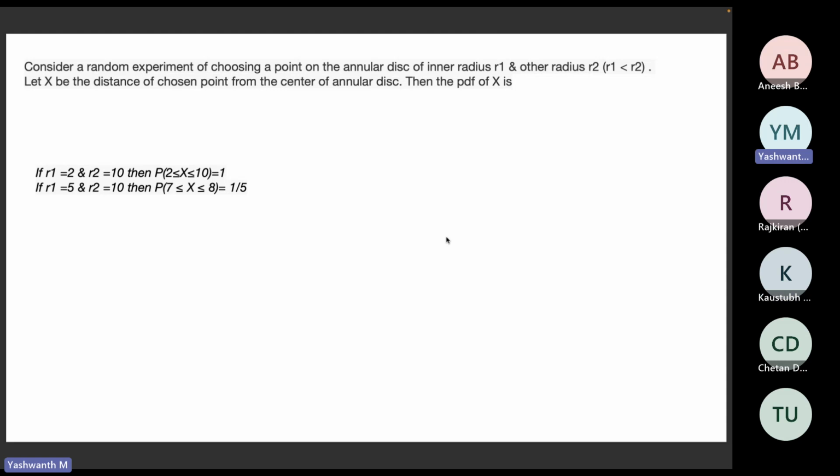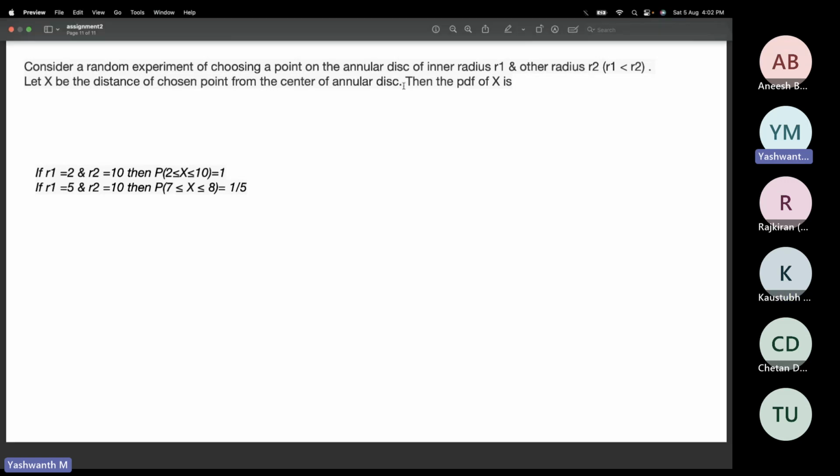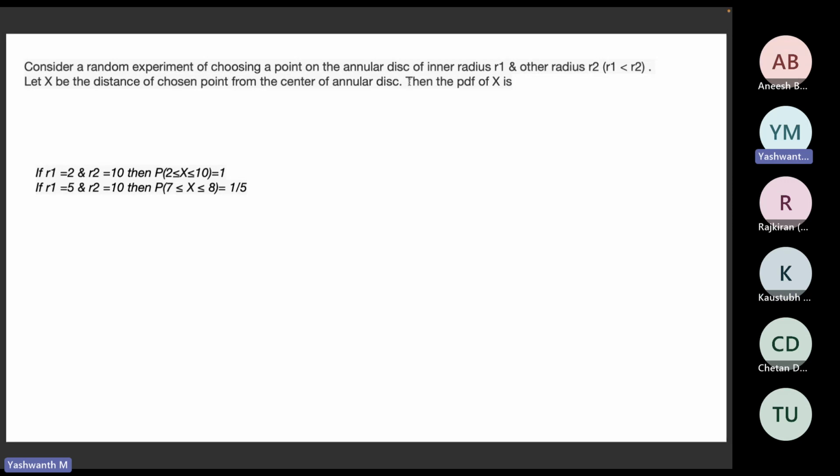If r1 is equal to 2 and r2 is equal to 10, what is the probability that you pick any point, it falls in this annular region?